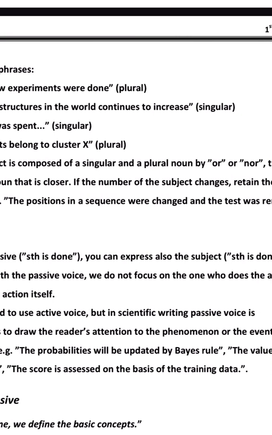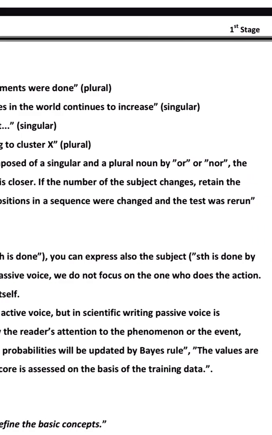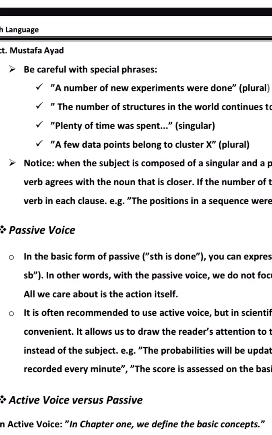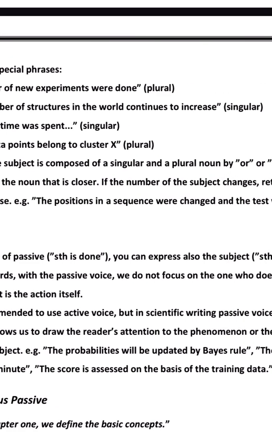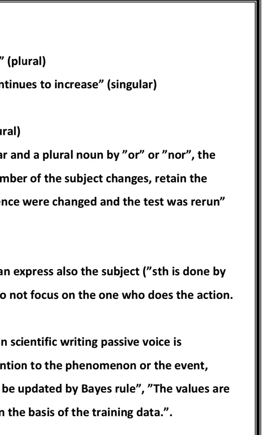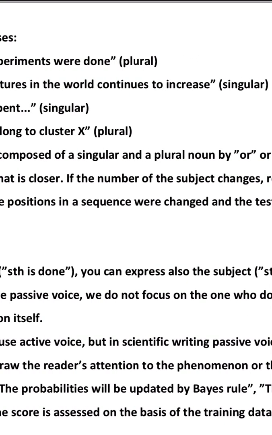If the number of the subject changes، إذا يتغير عدد الفواعل، return to the verb in each clause. إذا هنا لازم تقسم الجملة إلى مجموعة من الكلوزز. الكلوزز هي المقاطع، يعني الجملة بها ممكن two clauses لأنه بها two verbs وبها two subjects. مثلا example: the positions in a sequence were changed and the test was rerun. إذا هنا عندنا two clauses، صار عندي كأنما جملتين.